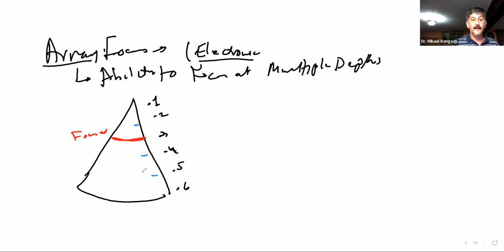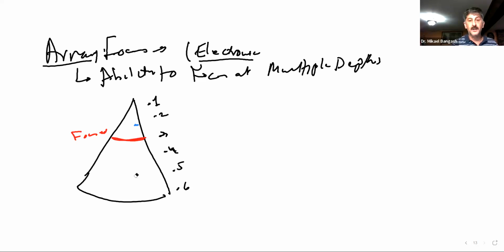So what do you have now? You don't only have one focal point, but you actually have multiple focal points. Even if it was just 2 focal points, it's going to be considered more than one. Anything more than one is going to be considered multiple.